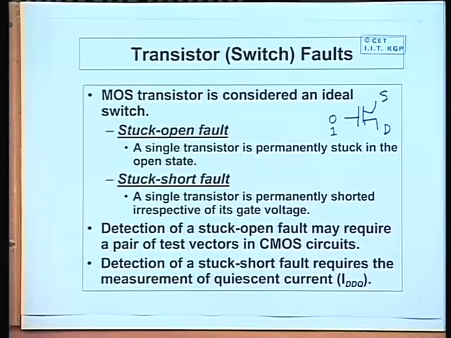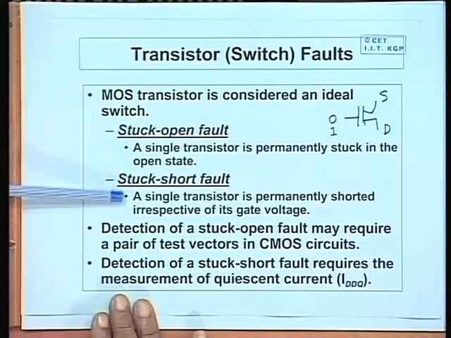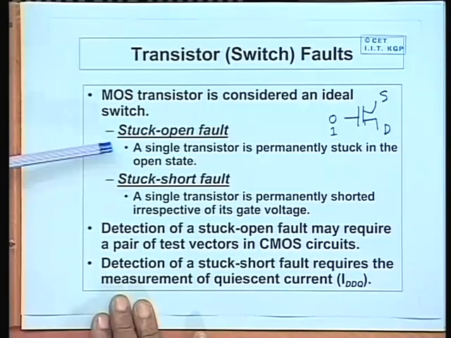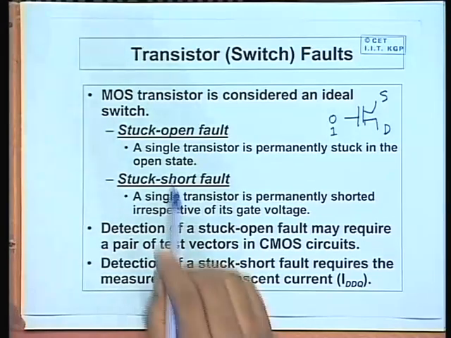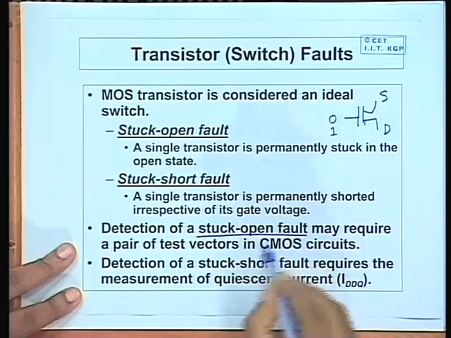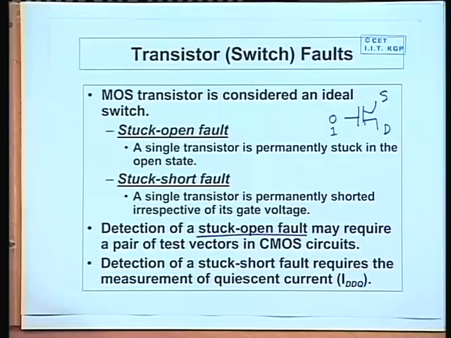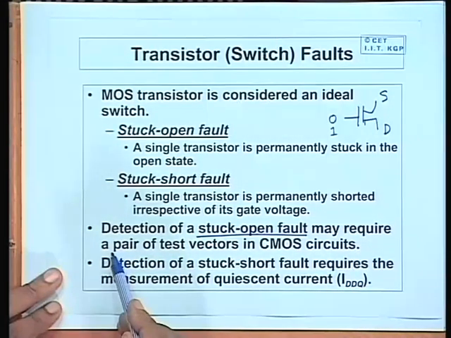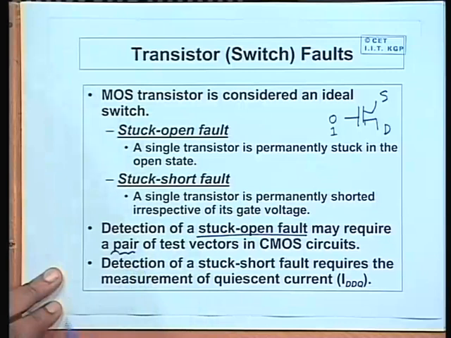Now, these two kinds of faults are peculiar. Peculiar in the sense that some of the stuck open faults cannot be detected by a single test vector. They will require a pair of test vectors for detection.